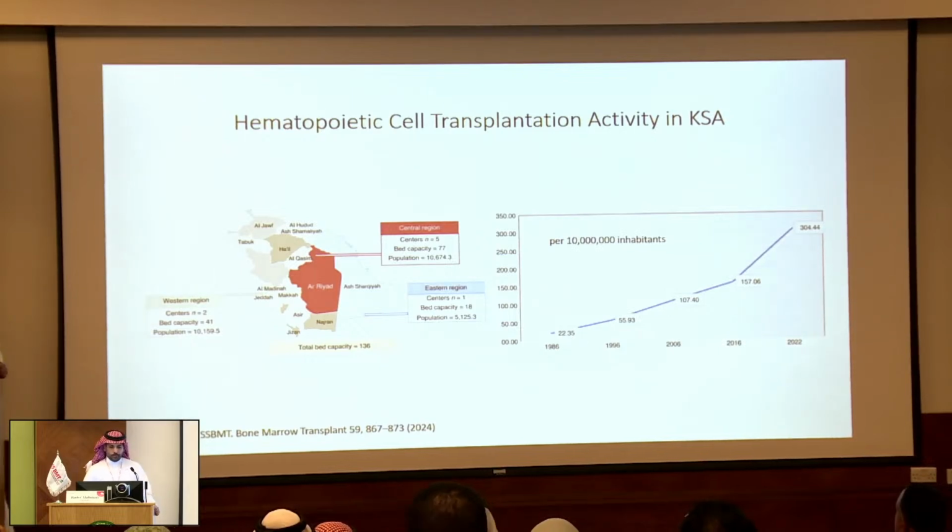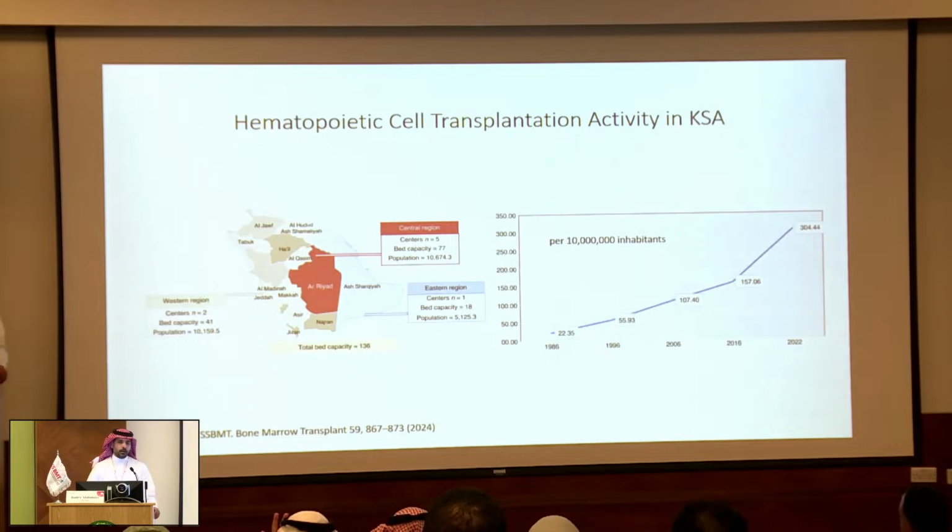So, over the past years, there has been an increase in the transplant centers in the Kingdom of Saudi Arabia, and this has increased the bed capacities and led to an increase in the rate of bone marrow transplantation offered for patients within the kingdom.